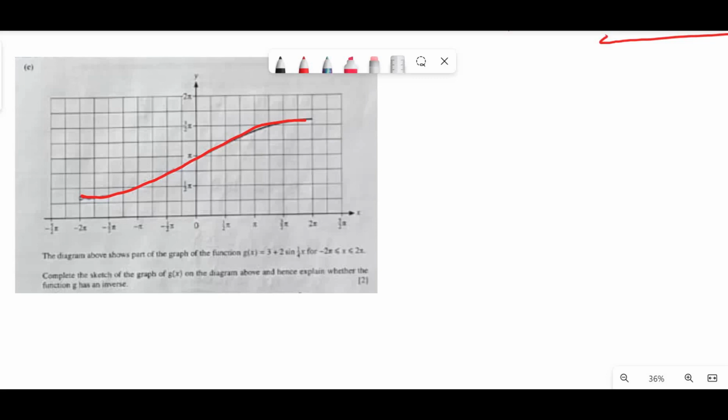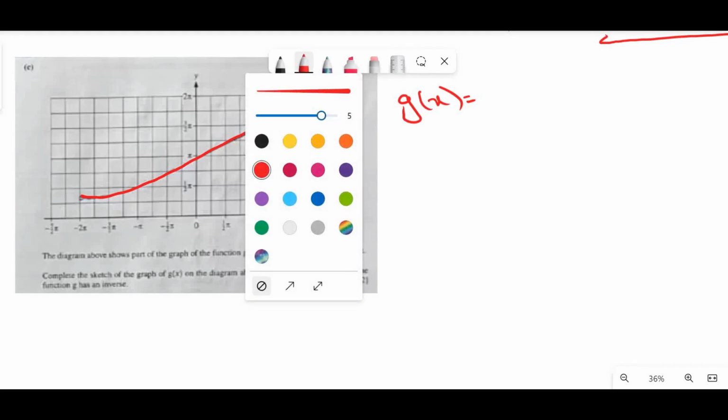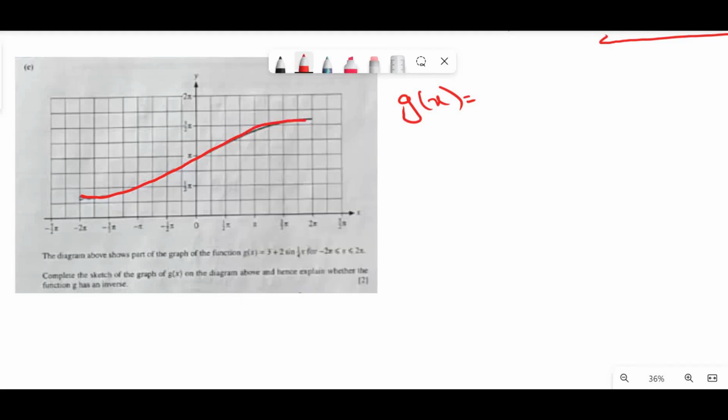First of all, we can see that g of x equals 3 plus 2 sine of 1 by 4 x. Now we can see that the range is from minus 2 pi to plus 2 pi.